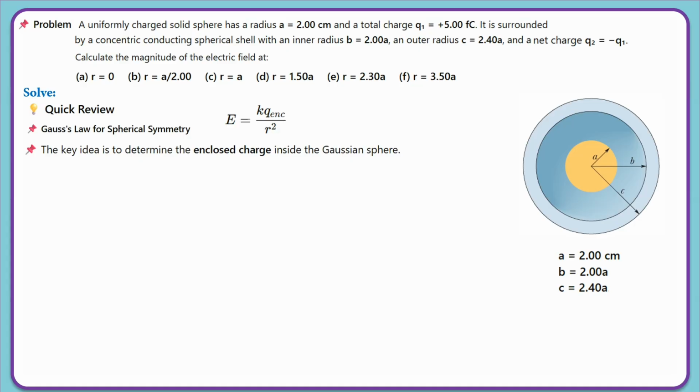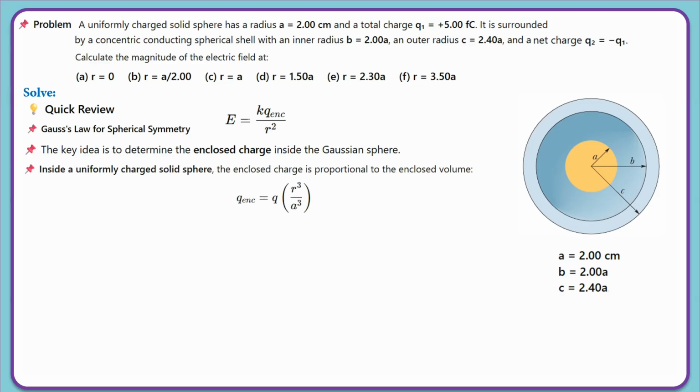The most important step is always to determine the enclosed charge inside the Gaussian surface. Also remember that inside a uniformly charged solid sphere, the enclosed charge is proportional to the enclosed volume. So we use Q enclosed equals Q times R cubed divided by A cubed.